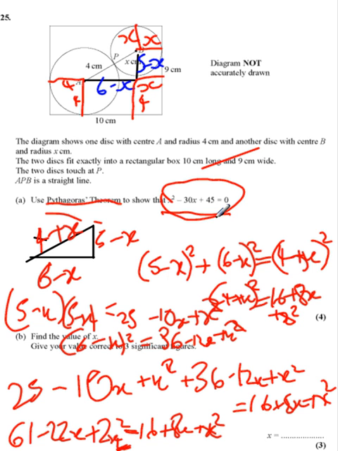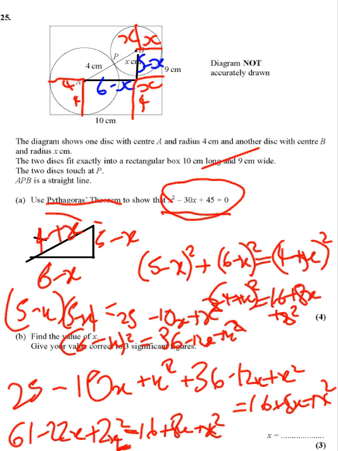To solve it is just straightforward quadratic formula. So you get 30 plus or minus the square root of 30 squared, which is 900, minus 4ac, which is 180. So that's the square root of 720 all over 2a, which is 2 in this case.